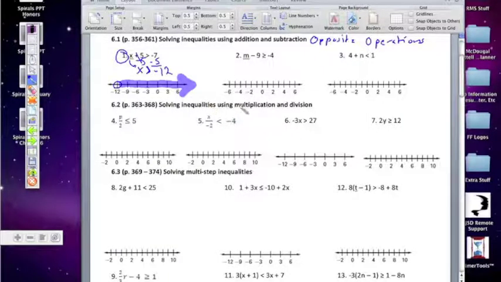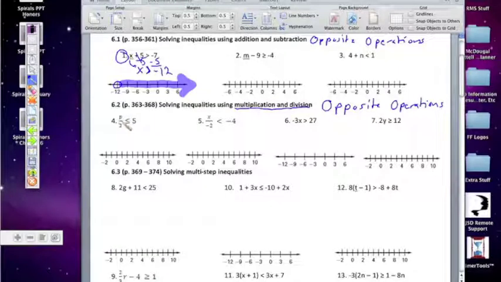Solving inequalities using multiplication and division. Once again, this is going to take opposite operations. When I look at number 4, what is the operation taking place with my variable? Division.